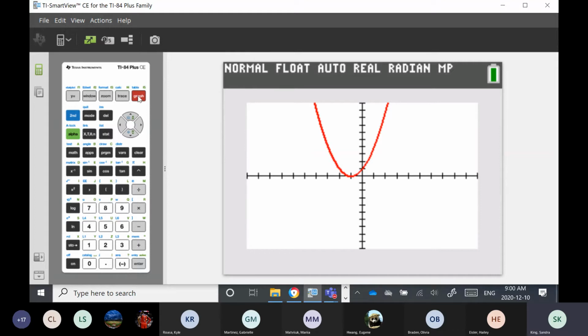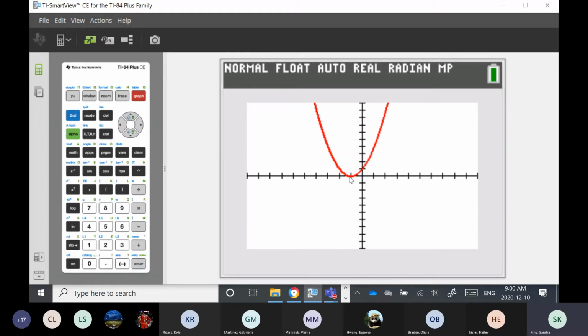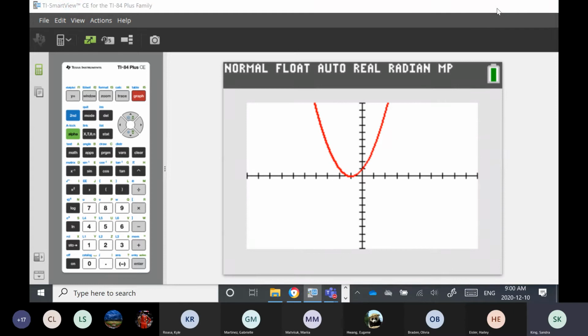It is a parabola still. It's just been translated 1 unit to the left because our h value is -1, right? So the domain of a parabola is x belongs to the reals, so our domain doesn't change, but my range is now y is greater than or equal to 0.